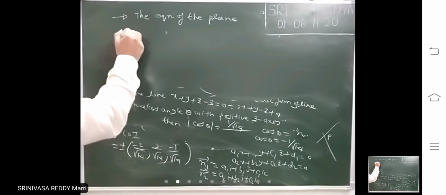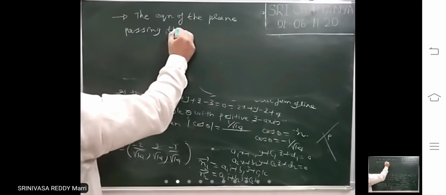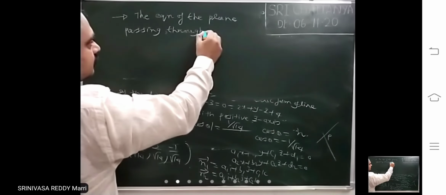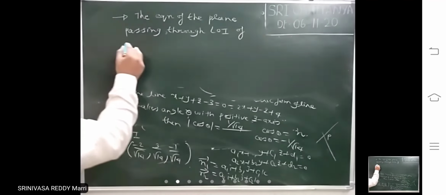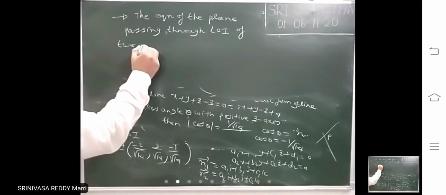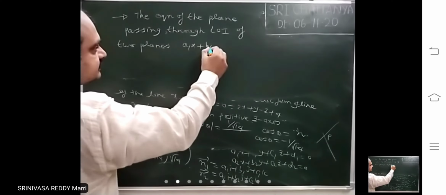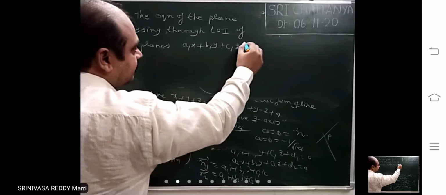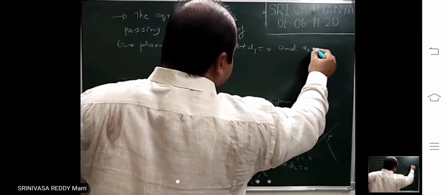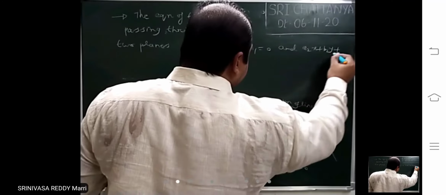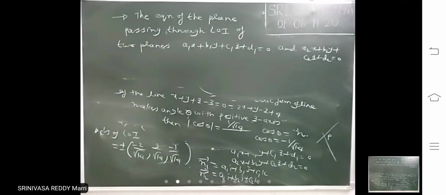The equation of the plane passing through the LOI, line of intersection of two planes A1x plus B1y plus C1z plus D1 equal to 0 and A2x plus B2y plus C2z plus D2 equal to 0.